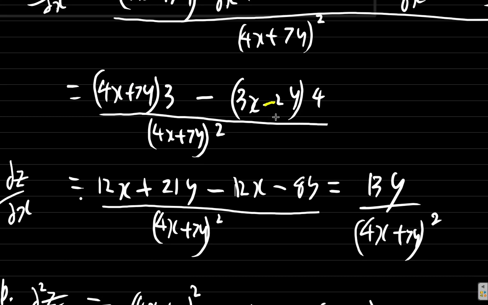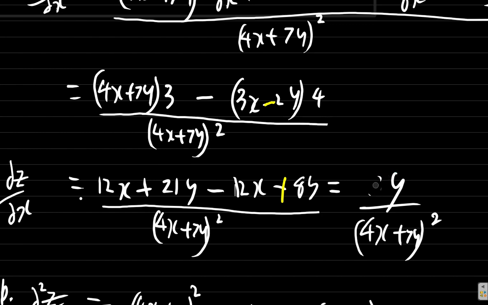Minus 2y. When you open the bracket, 3 by 4 is 12 plus 3 by 7 is 21y, minus 4 by 3 is 12 and then plus 2 by 4 is 8y. That gives you 12 minus 12, so x is gone. 21 plus 8 is what? It's 29.